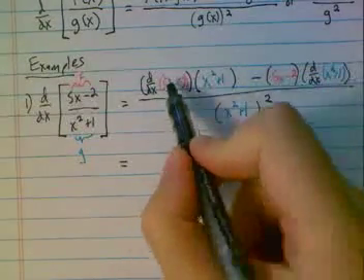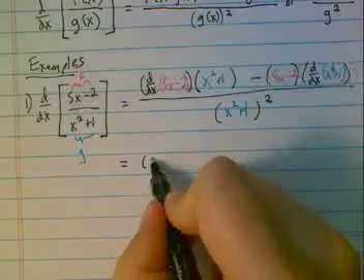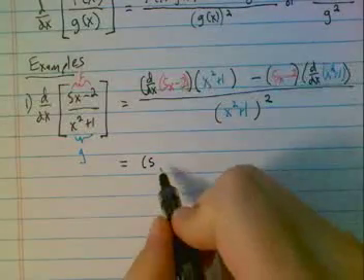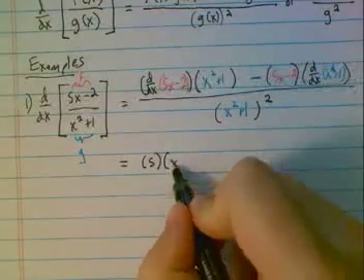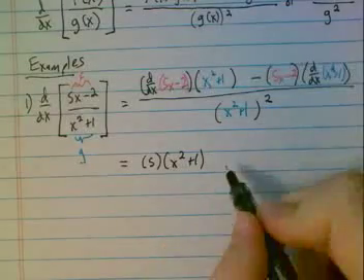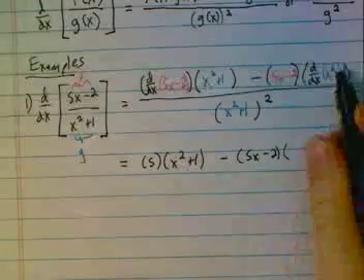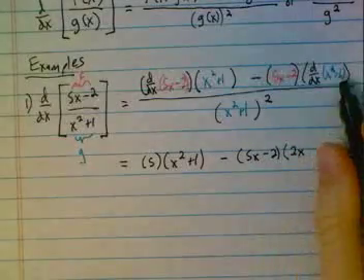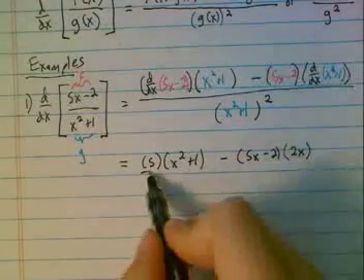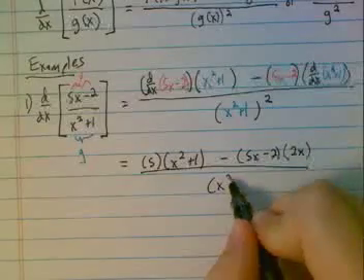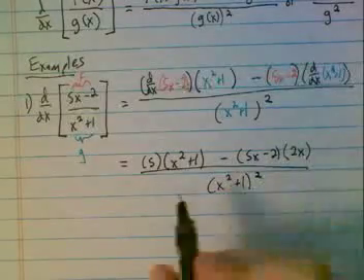We take the derivative of 5x, that's just plain old 5, derivative of -2 is 0, x squared plus 1 is along for the ride, minus 5x minus 2, derivative of x squared is 2x, derivative of 1 is 0, and then all of that over x squared plus 1 squared.